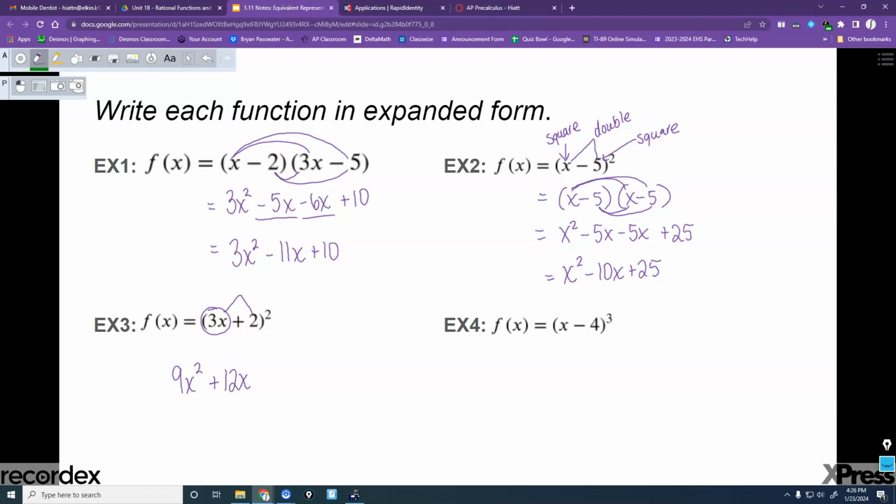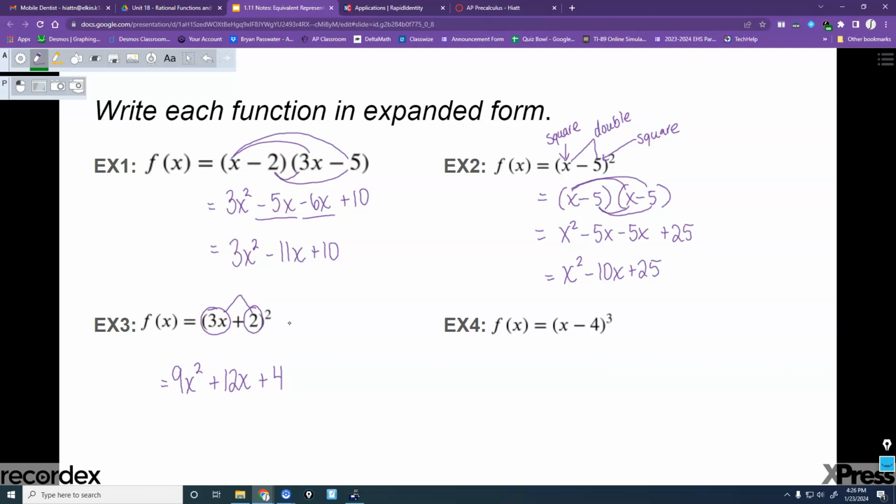And then I would square the last, which would give me a positive 4. So by using that shortcut, you can square, double, square, and you can do this much faster than having to write it out. If you need to write it out, that's fine. I would rather you be correct and a little bit slower than to be fast but wrong there.